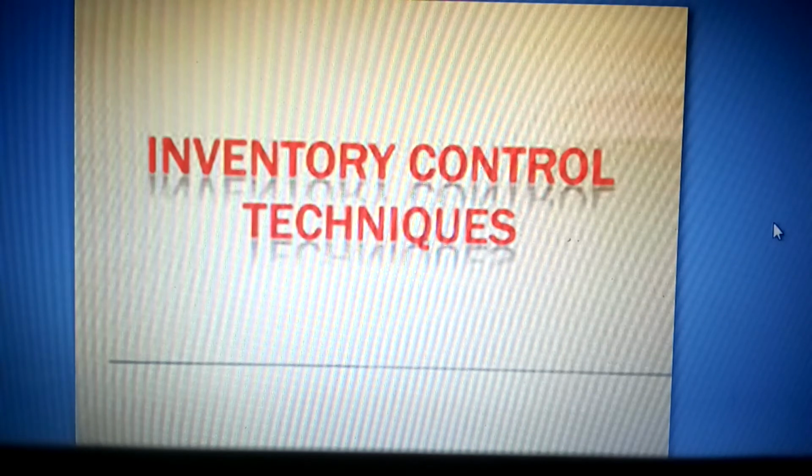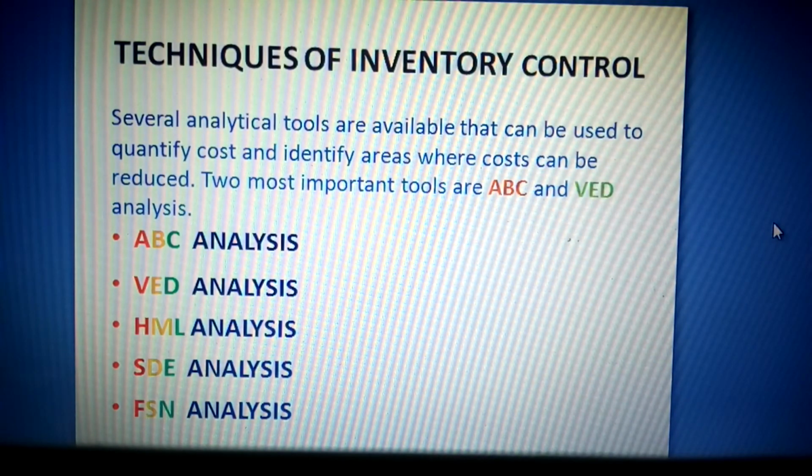Now, what are the different inventory control techniques? Here we will discuss 5 different types of techniques used for inventory control. Several analytical tools are available that can be used to quantify cost and identify areas where costs can be reduced.